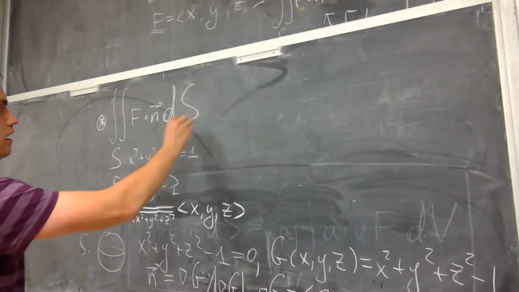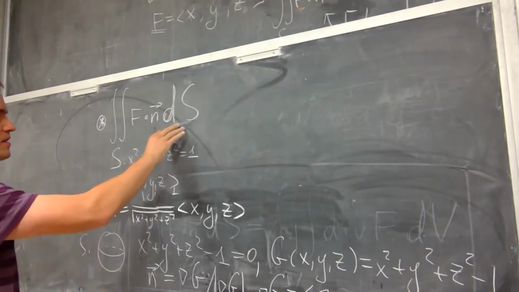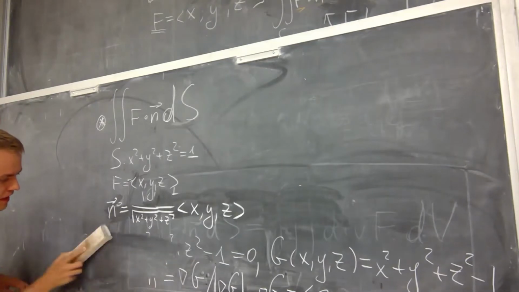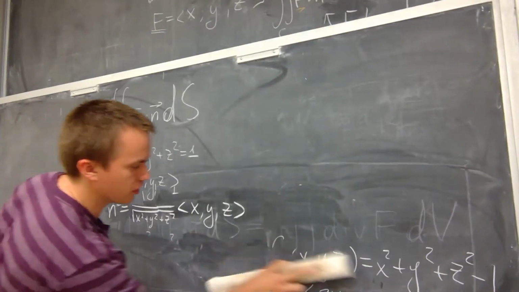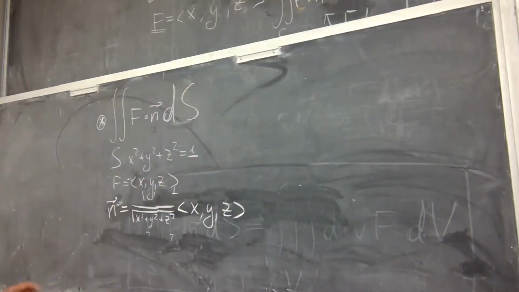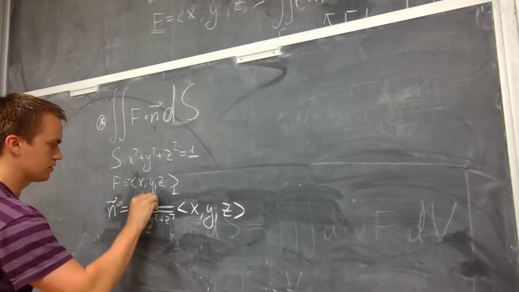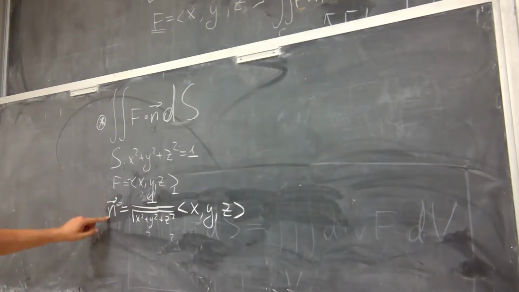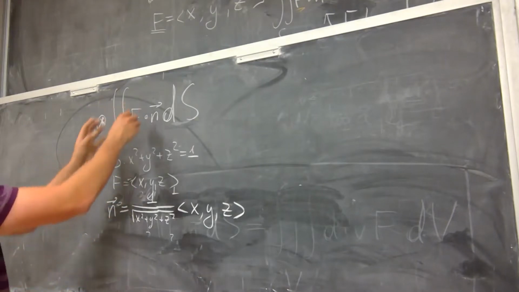My dS can be expanded by the formula. Actually, let me think. What should I do over here? How to introduce this naturally? The first thing I can see is that if I do the dot product of these two, I will get some scalar function.